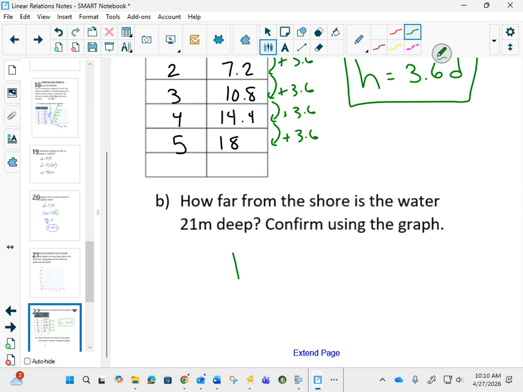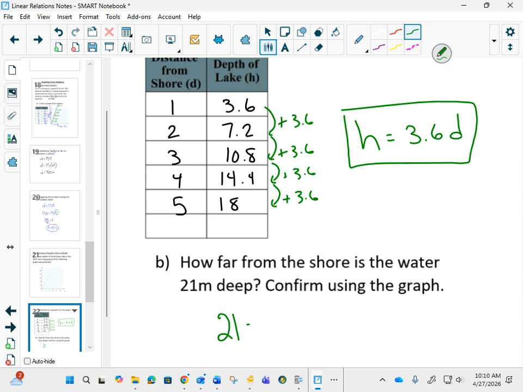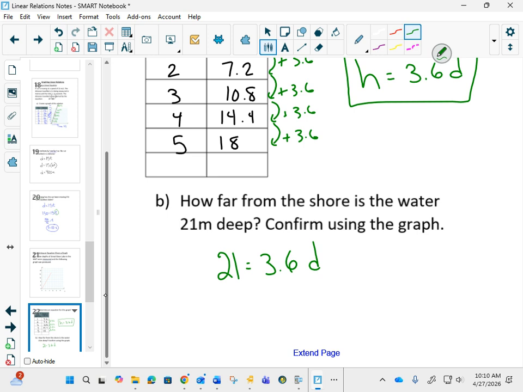So I know that the depth is 21, the H is the depth of the lake, 21, and I need to find the distance, so I'd go 3.6 times D. The opposite of multiplying by 3.6 is dividing by 3.6, so we go to our calculator. 21 divided by 3.6, and I get 5.83.